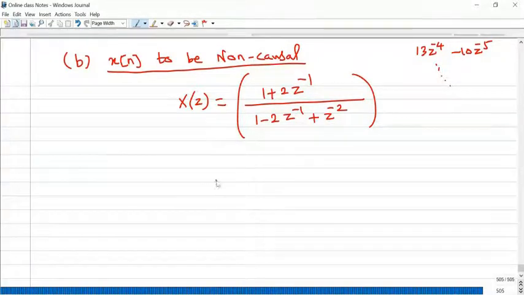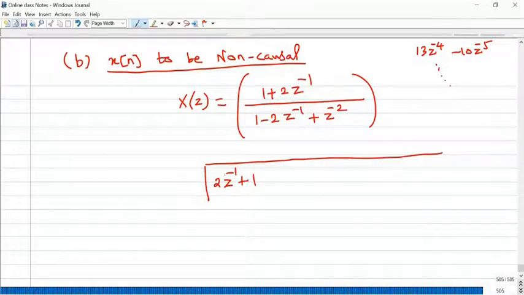Say for example, numerator 2z power minus 1 first, and then a constant. You have to write in the reverse order. In the z power minus series, the highest term should come first. Z power minus 2 minus 2z power minus 1 plus 1.